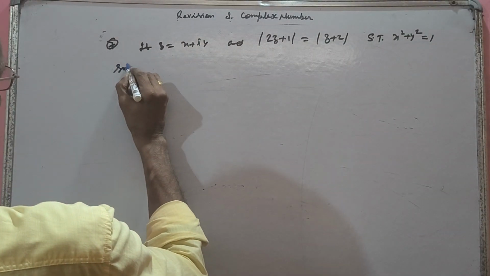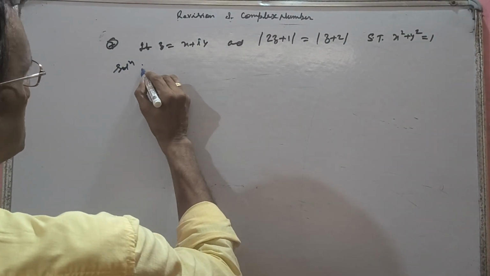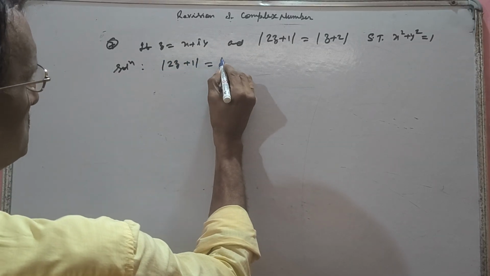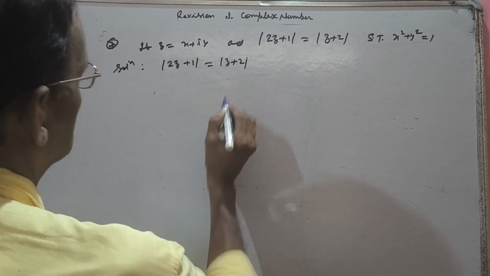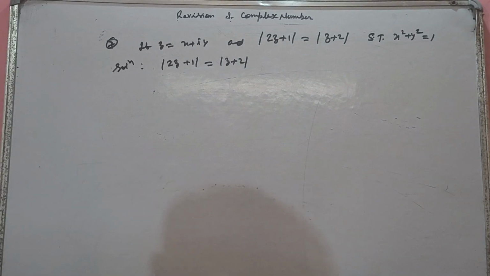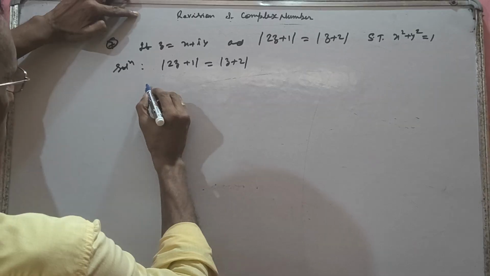To start the solution, take the given condition: modulus twice z plus 1 is equal to modulus z plus 2. Now put the value of z. What will we get?